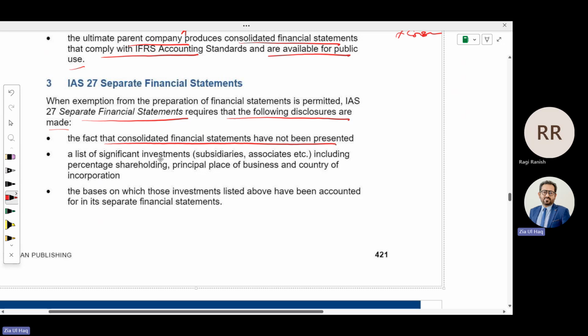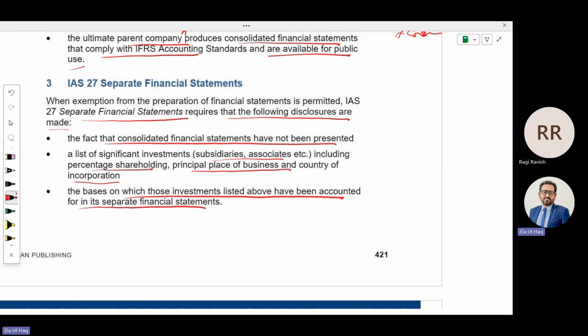A list of significant investments in subsidiaries and associates, including percentage of holding, principal place of business, and country of incorporation. You need to provide detail about your subsidiaries. The basis on which those investments listed above have been accounted for in separate financial statements, meaning on what basis, either fair value or proportionate basis, how you are preparing financial statements, you need to disclose.